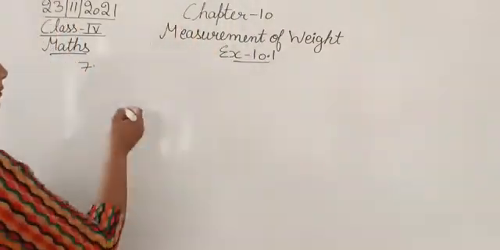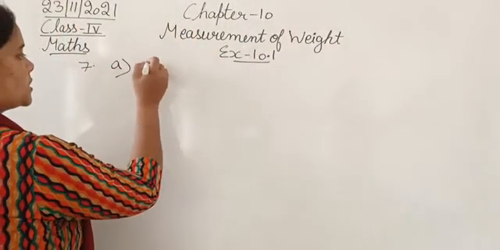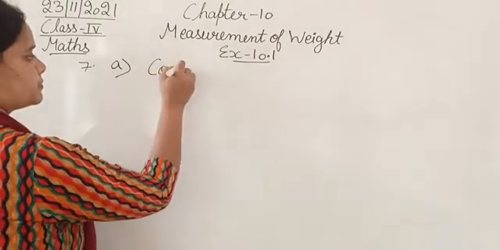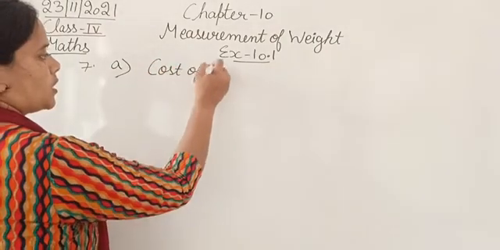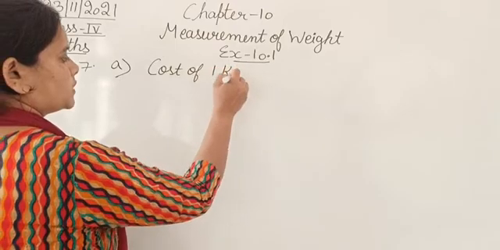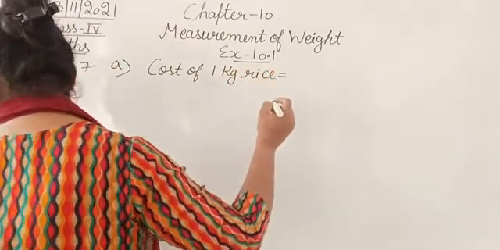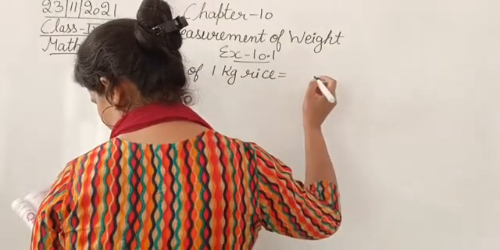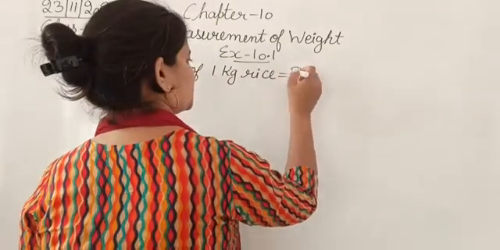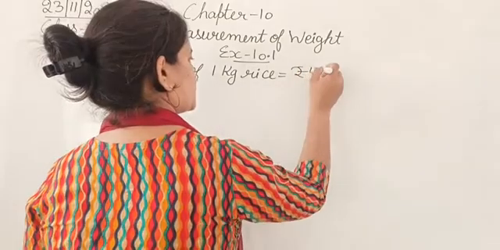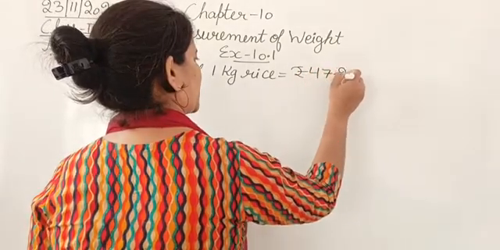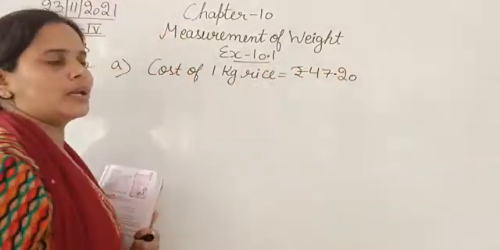So let's write down the A part. Cost of 1 kg rice is equal to 47 rupees and 20 paisa.